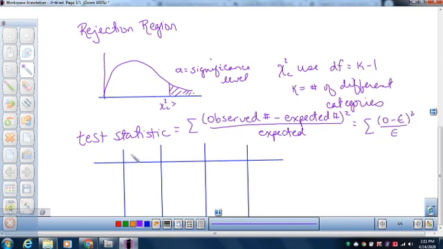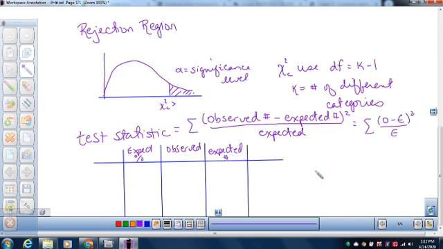So you'll create a table. You will have the expected percentage. Then you'll have the observed. Then you'll have the expected number.